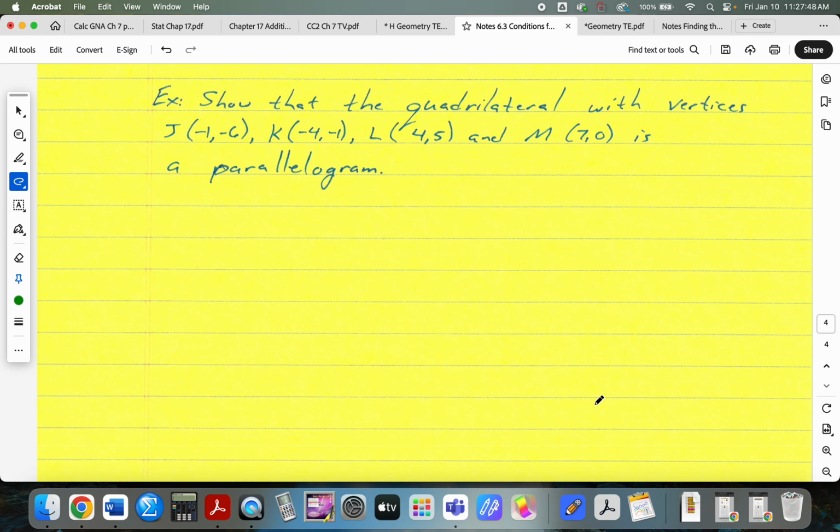So the fastest and easiest way is to show both pairs of opposite sides parallel. So the slope of JK is going to be -6 minus -1 over -1 minus -4.